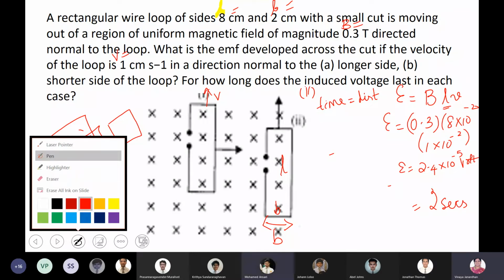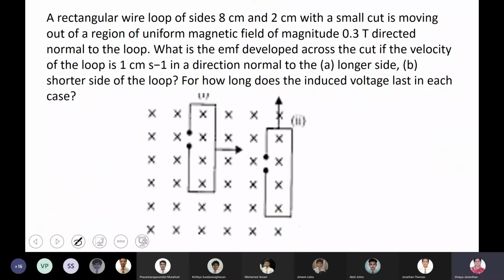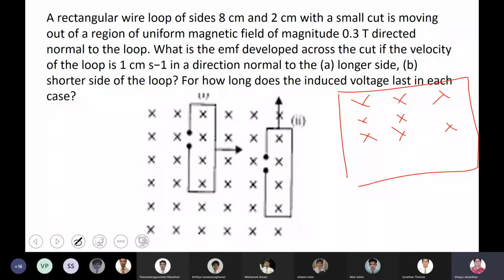Yes, ma'am. Suppose I just draw this. Right, boys? I'm just giving an example. When the loop is within the magnetic field, say there are 9 field lines passing through it.